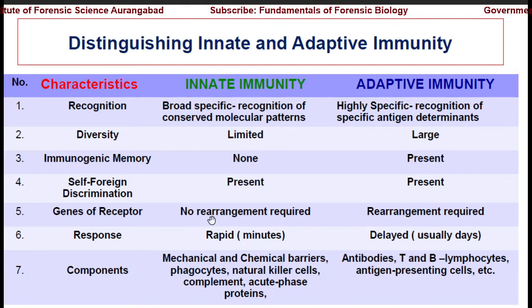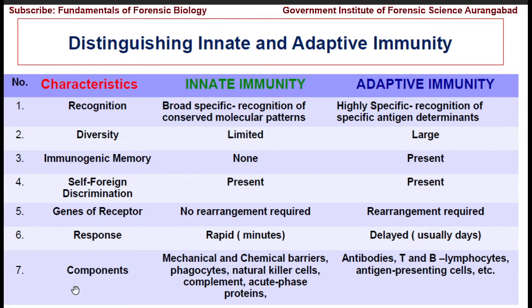Response: innate immunity shows a very fast response, within seconds or at most a few minutes, while adaptive immunity shows some lethargy, but its response is far greater than that of innate immunity. Adaptive immunity may take a few days to weeks to show the response, as in vaccination.